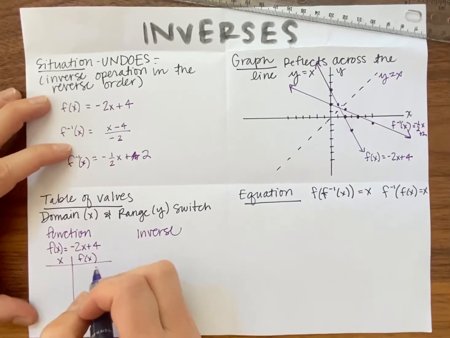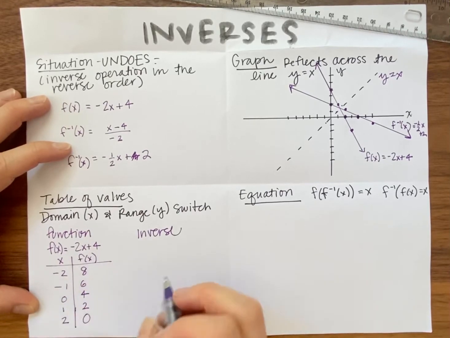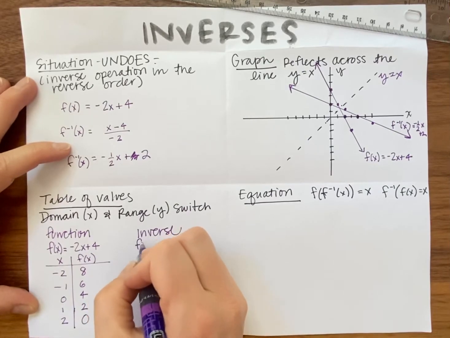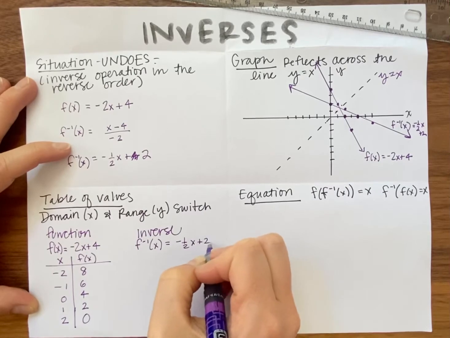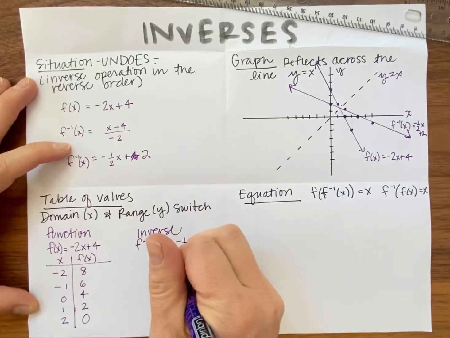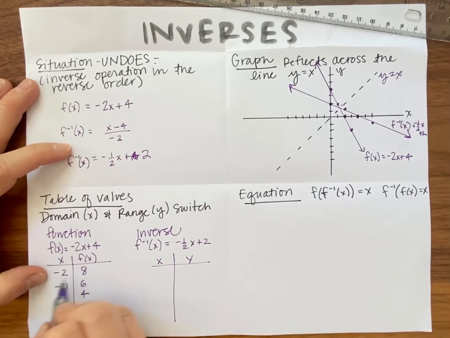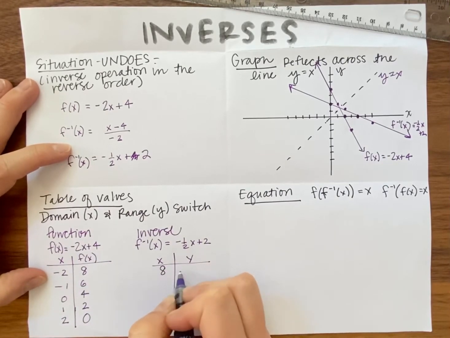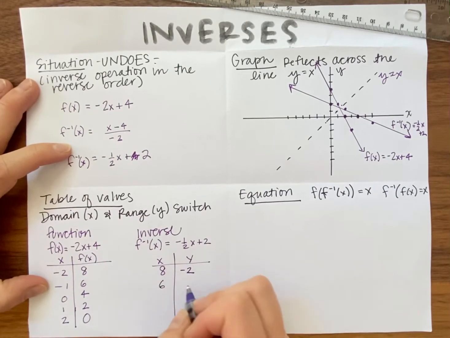When we plug in negative 2, negative 1, 0, 1, and 2, this is what we get. For the inverse function, negative 1/2 x plus 2, we get this pair, but switched, 8, negative 2. We'd get this pair 6, negative 1.